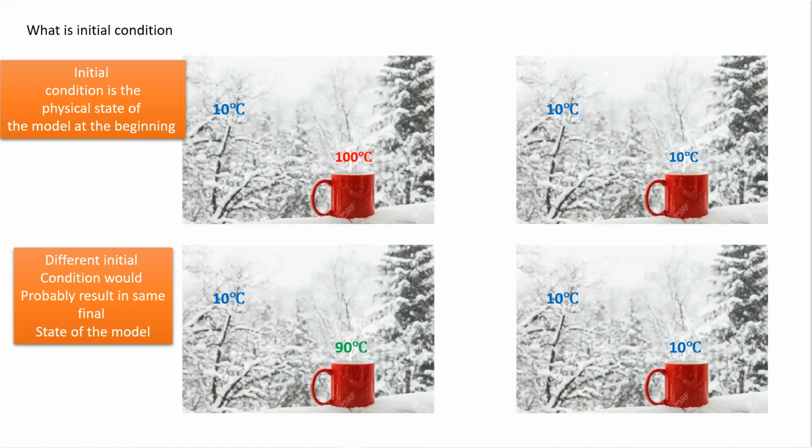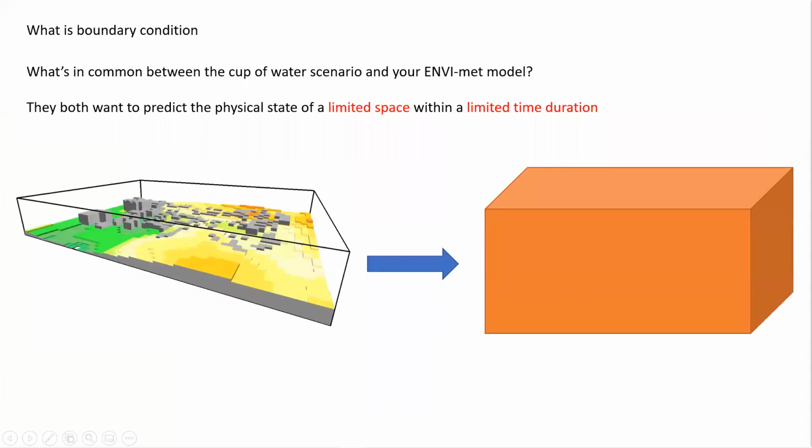So initial condition does not have much influence on long-term simulations. But if I ask you to predict the temperature of the water after 5 minutes, in this time range the temperature of the water probably has some difference. After 5 minutes, the temperature of these two cups will still be different, right? That's how initial condition influences our simulation.